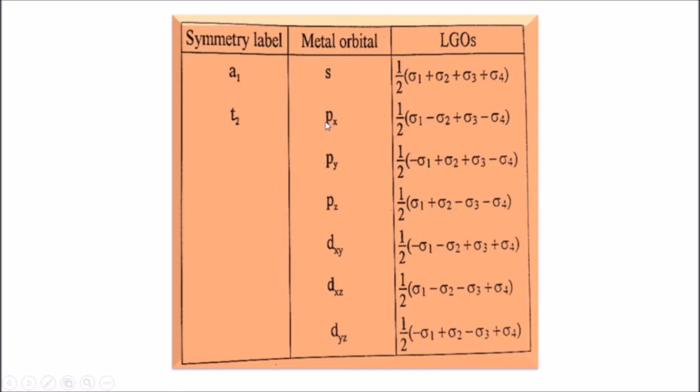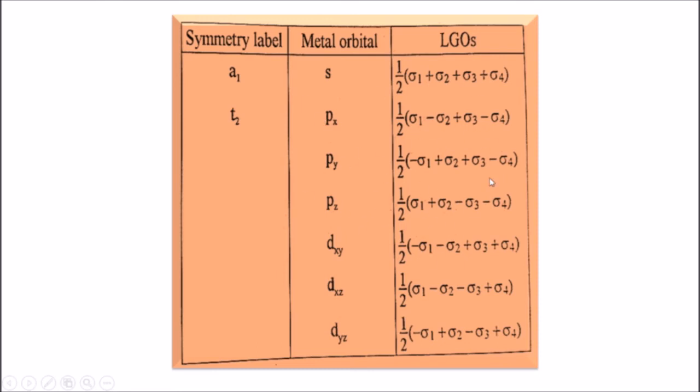Now T2 for px, we have 1 by 2 sigma; ligand 1 is going to have positive terminal overlapping as far as BMO is concerned, and ligand 2 has negative overlapping lobes. Ligand 3 has positive and ligand 4 has negative, and that is the way we have all these symmetry labels and LGO formation.